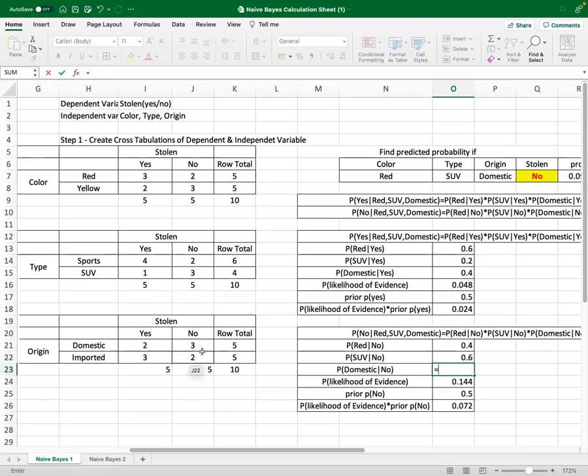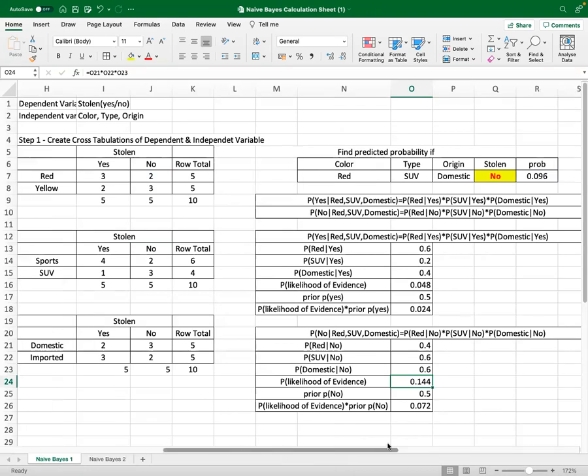Domestic and no, 3 divided by 5, 0.6. 0.144, right? 0.5 and 0.072. Yeah, still it is no only because the probability of no is higher than probability of yes.